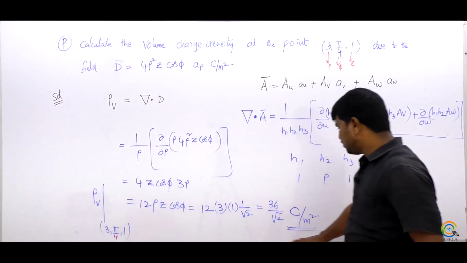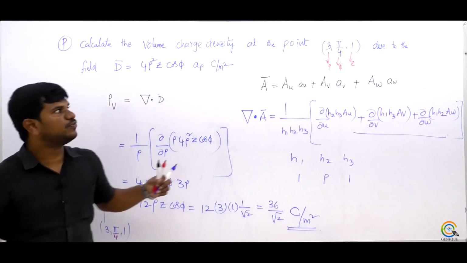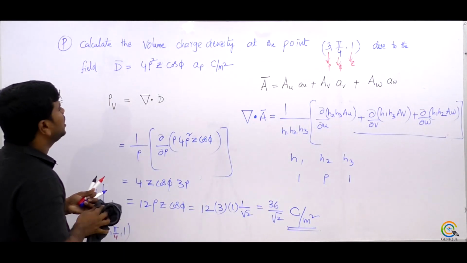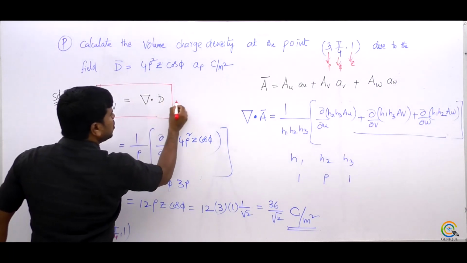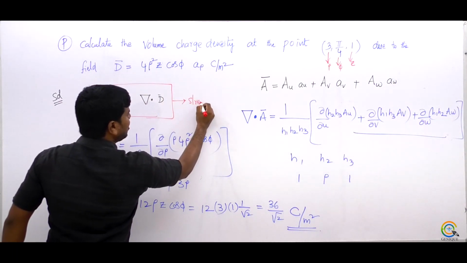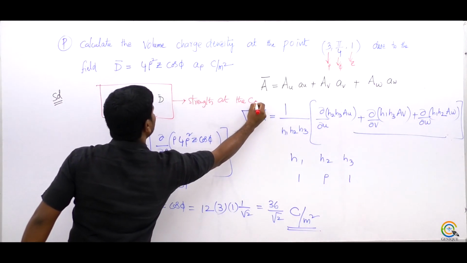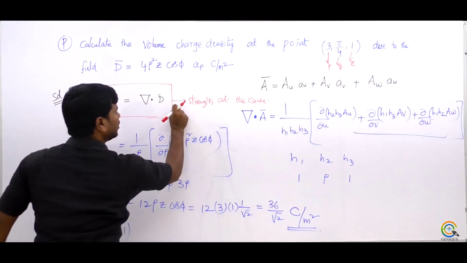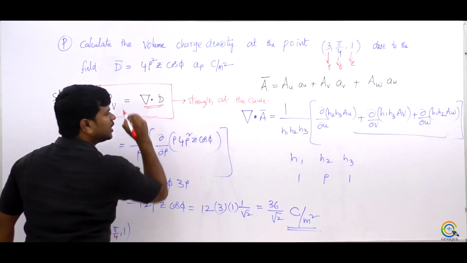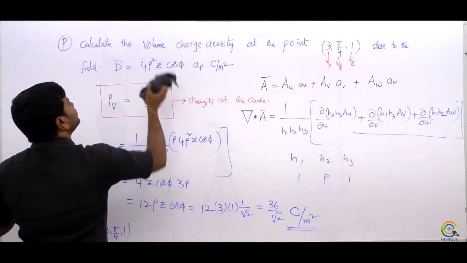I hope this is clear. Like this you have to find the volume charge density. Del dot D is equal to rho V. It is also called the strength at the source, at that point. This is called del dot D, the divergence existing at that point.